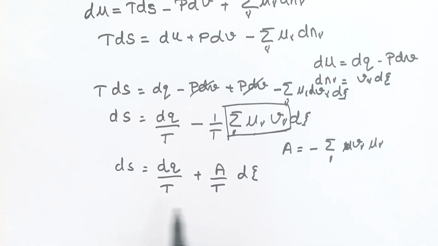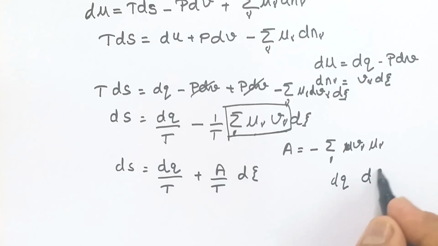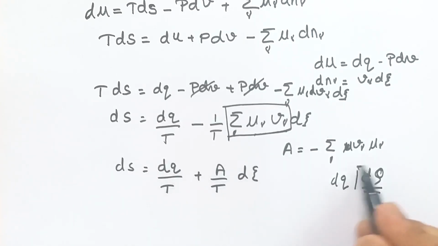Now as we are dealing with an open system, there is always heat transfer, and as a result the heat transfer dQ we can replace by d phi, which represents the energy flow or heat transfer and the exchange of matter. So in place of dQ we will replace it by d phi, as the system is exchanging matter as well as heat.